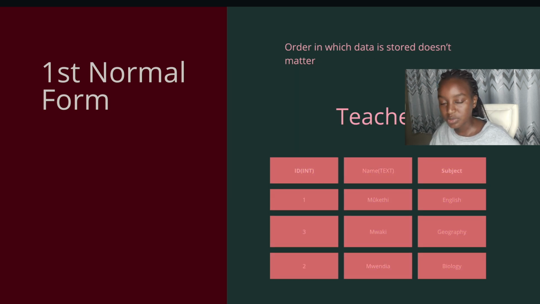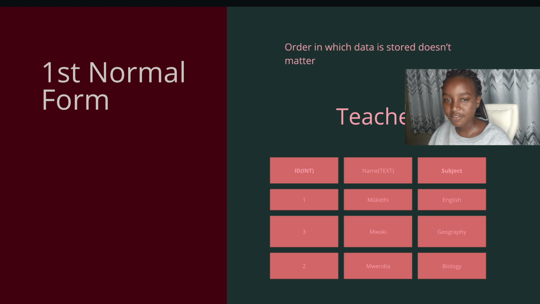The order in which data is stored does not matter in any way. So whether I start with ID 1, 3, 2, it shouldn't matter. For instance, you can add teachers by the way they are joining the school, and you can also note who joined first. So yes, you'll end up adding them, but what we mean when we say that is the order shouldn't matter.